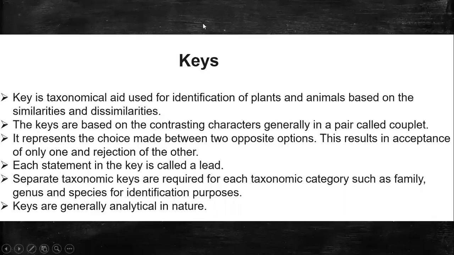Next taxonomical aid is the key. Key is a taxonomical aid used for the identification of plants and animals based on similarities and dissimilarities. They are based on contrasting characters, generally in a pair called a couplet.